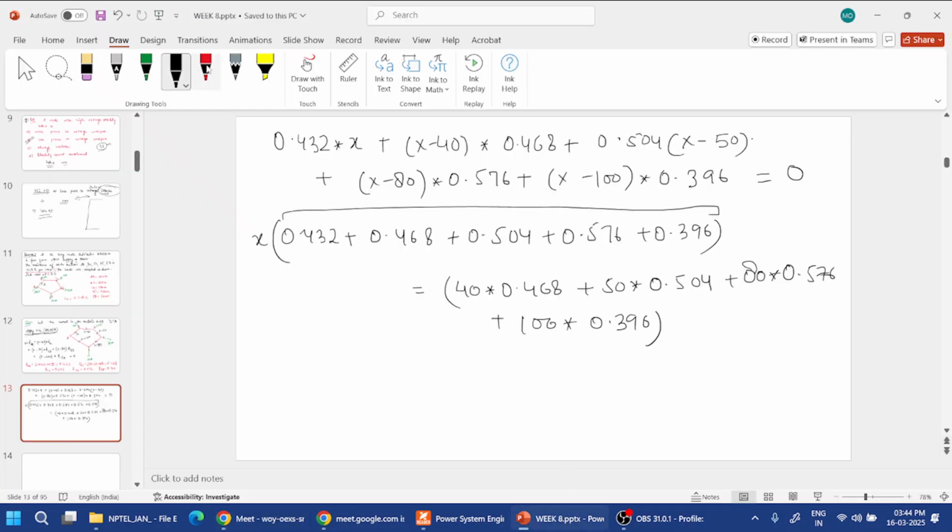Add these values, 0.432, 0.468, using the calculator.